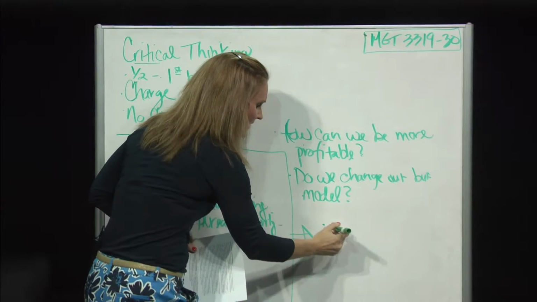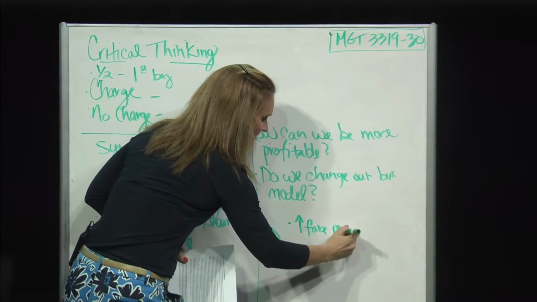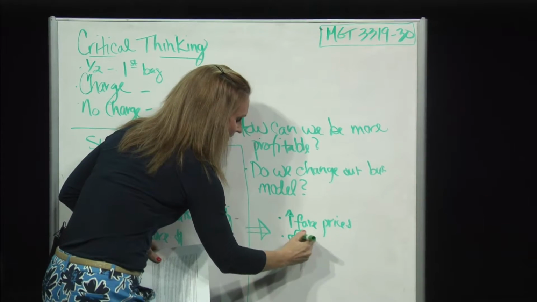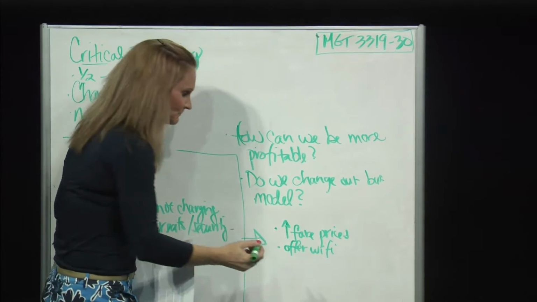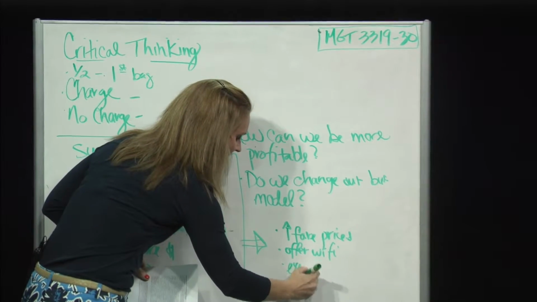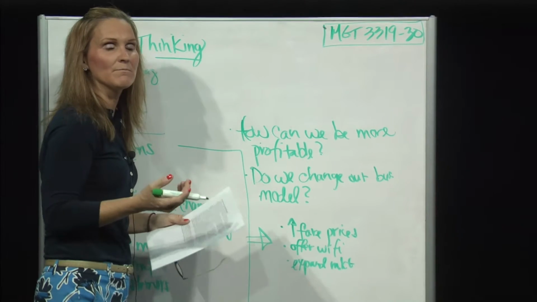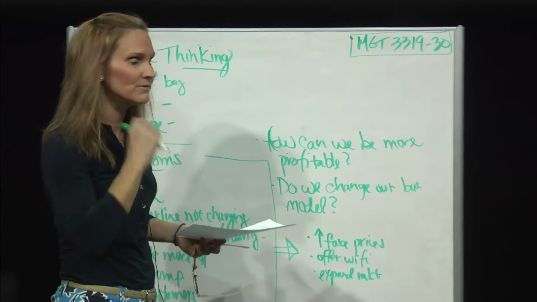So what we do is look at how we can be more profitable. Well, we could obviously raise fares, prices. We could offer Wi-Fi in the hopes that we generate more customers. We could expand our market, which we would hope would create more customers as well, but it may be at the expense of another account.